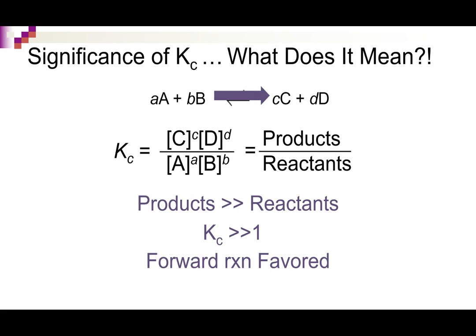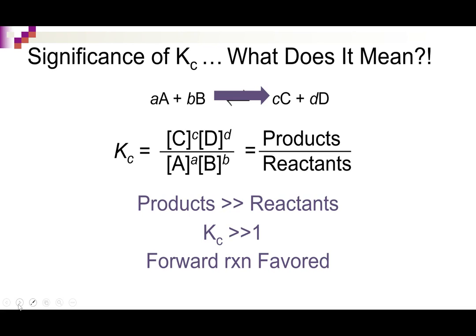And that tells us that our forward reaction is favored, or our products are favored. So if we have a really big concentration of products, small concentration of reactants, certainly that's favored. And when we calculate that out, we'll have a big number on top, little number on bottom, and of course that's going to be greater than 1.